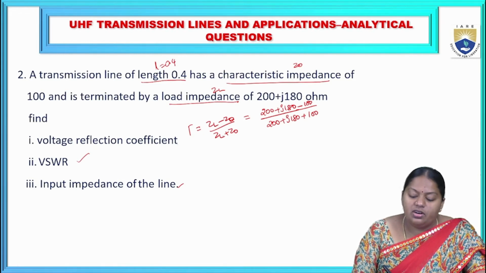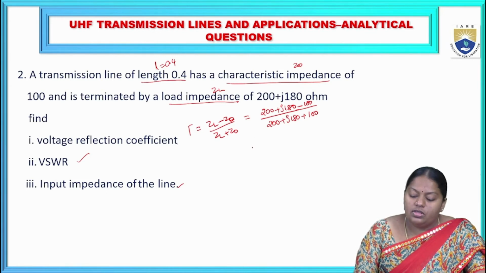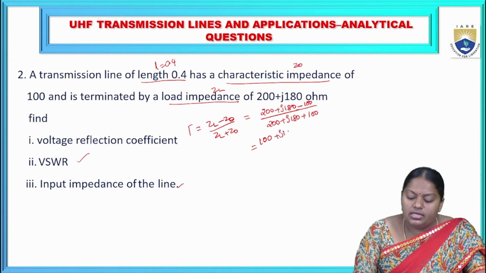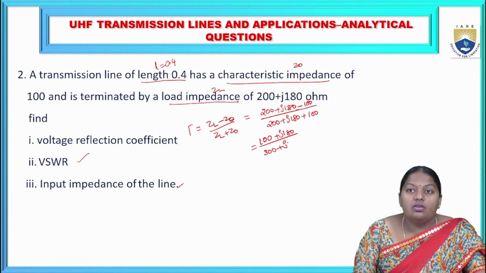So gamma equals 200 plus J180 minus 100 by 200 plus J180 plus 100. If you solve this, 200 minus 100 becomes 100 plus J180, by 200 plus 100 becomes 300 plus J180.